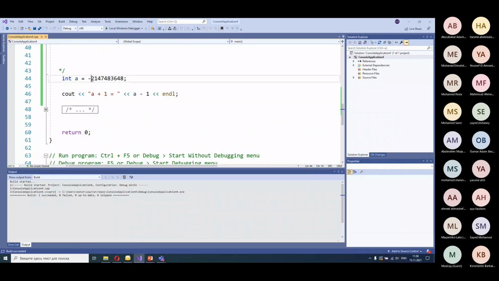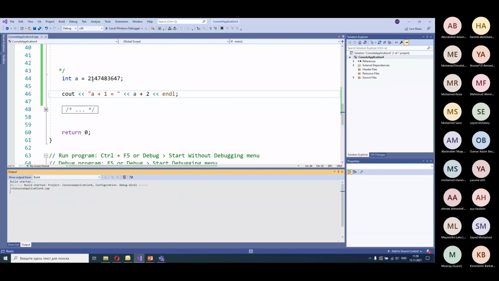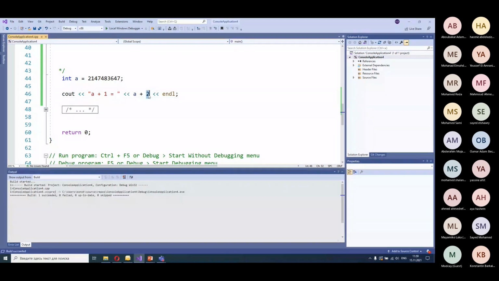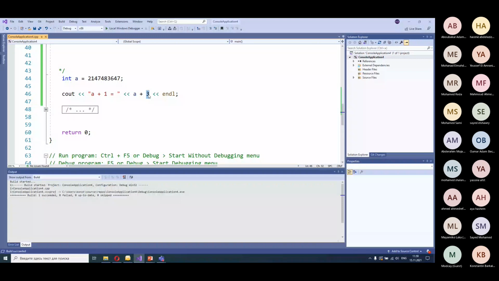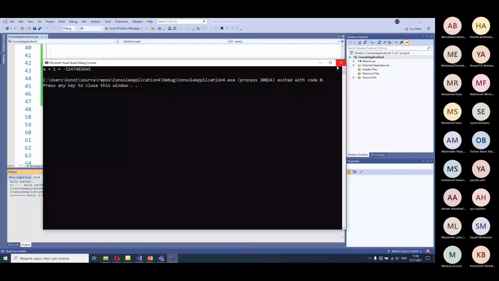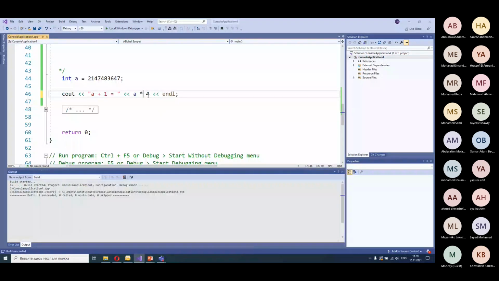Again, let me assign the upper bound. This is the upper bound. And let me write a plus 2. It's negative. A plus 3. Negative. I don't remember where, but in some cases we will have just a positive number, maybe 8 times something.